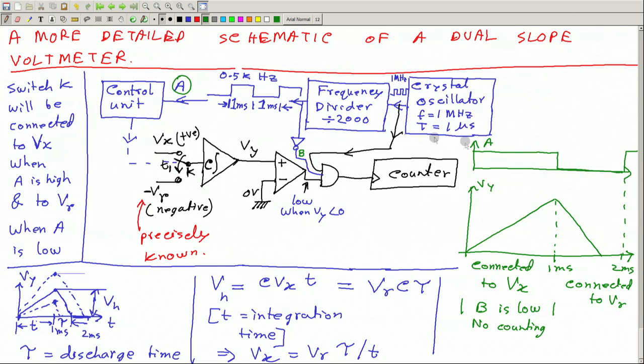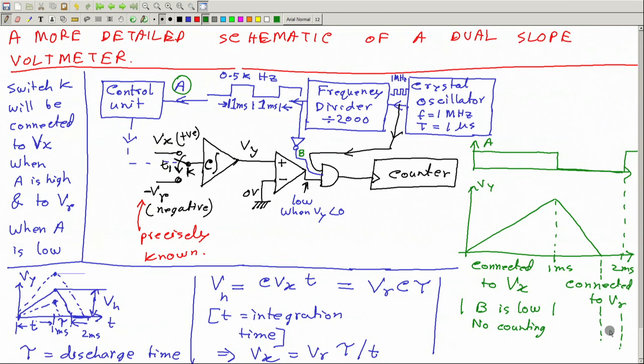In this region I am repeating again and again so that it is clear to you. I know I am repeating many times. So in this region the switch is connected to the unknown voltage, in this region the switch is connected to Vx. Now in this part, will the counting happen?